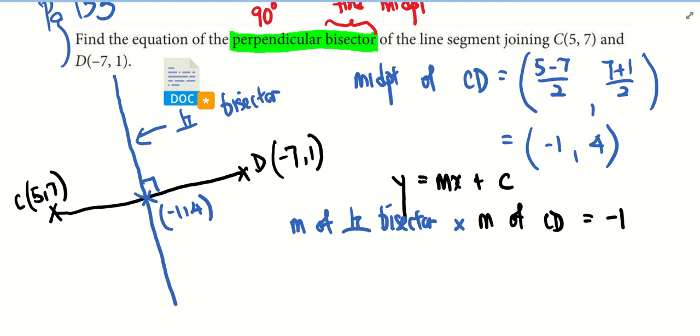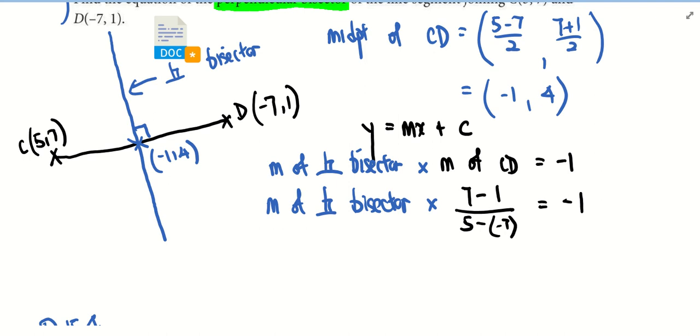So, wait on. If I don't want to keep writing the words gradient of the perpendicular bisector, why don't we at the very start denote it? Because if not, I need to write the words gradient of perpendicular bisector again. So, if I don't want to do that, let me denote.